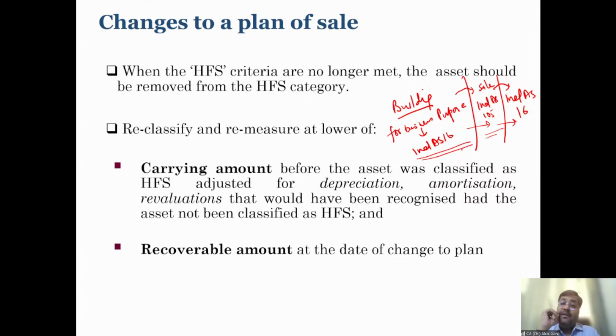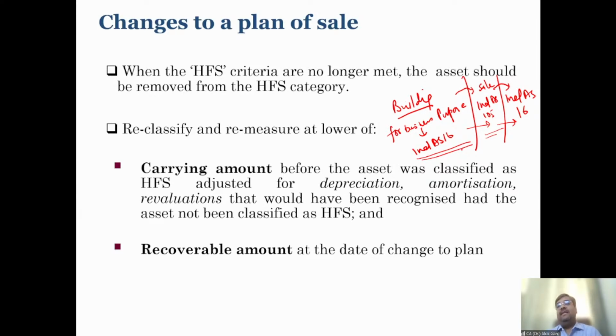And if this asset would have been in Ind AS 16 kitty, there must be depreciation charged, because depreciation is required to be charged when the asset is available for use. Simple. Doesn't matter, it is temporarily out of use, but depreciation should be charged. So it means, sir, we have lost 1 year depreciation on this asset, right?